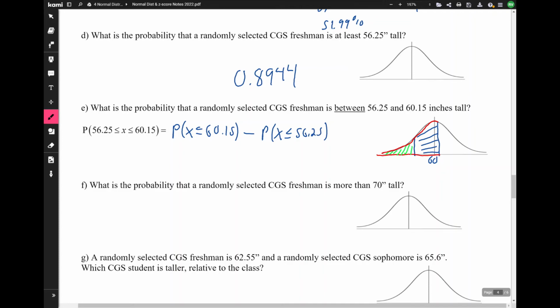All right. So now we can find these using z-scores, and we've done this already.